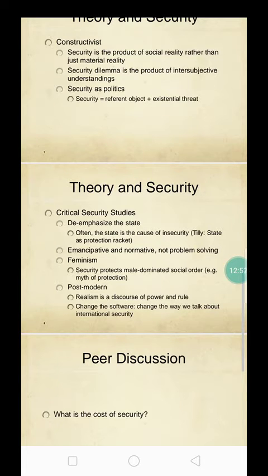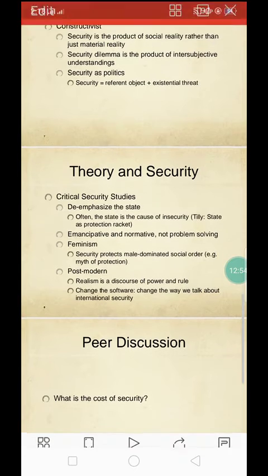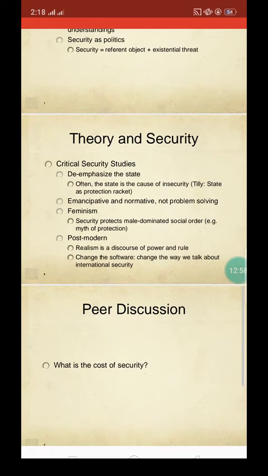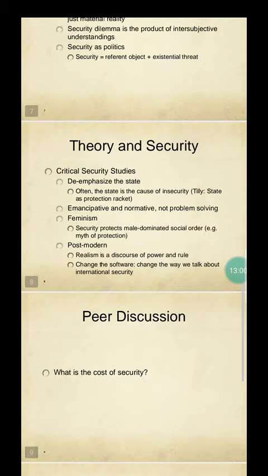The postmodern realism is a discourse of power and rule, change the software, the way we talk about international security. Postmodernism considers the effect of ideology, society, and history on culture.